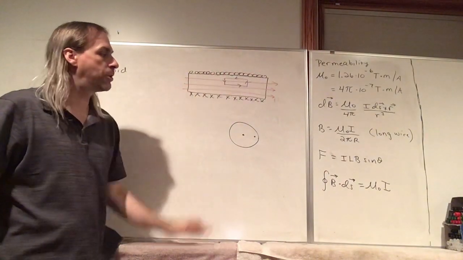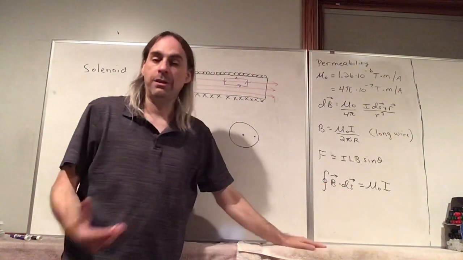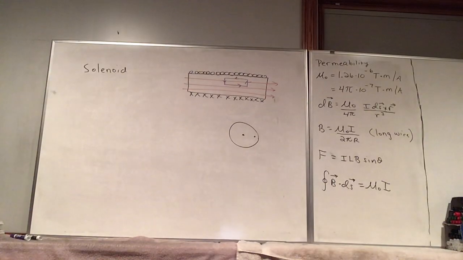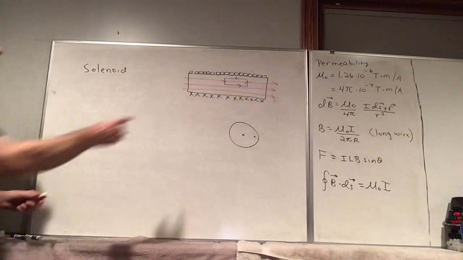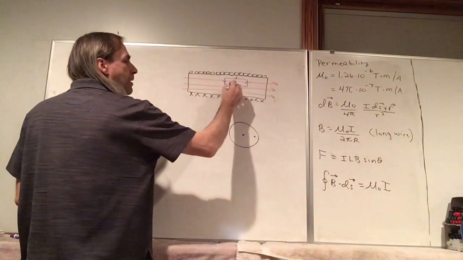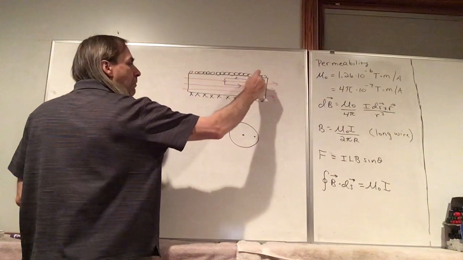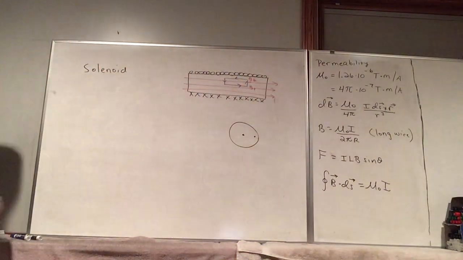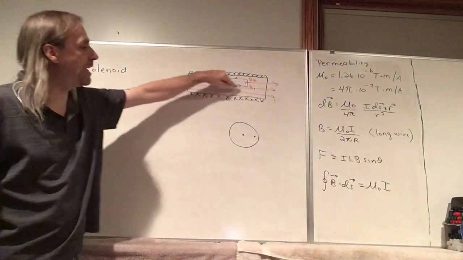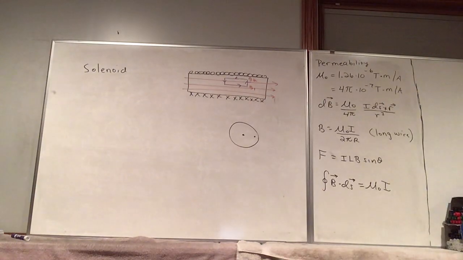They're perpendicular to each other, and so B dot ds is B ds cosine theta, and cosine of 90 is 0. However, along these other two segments, let's call this B1 and this B2. B1 is the magnetic field along this line segment, and B2 is the magnetic field along that line segment.